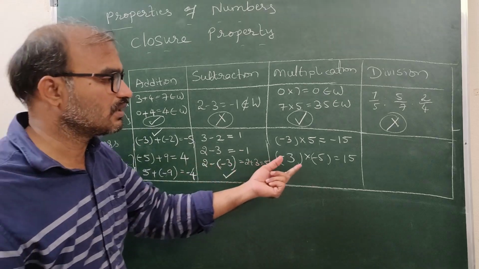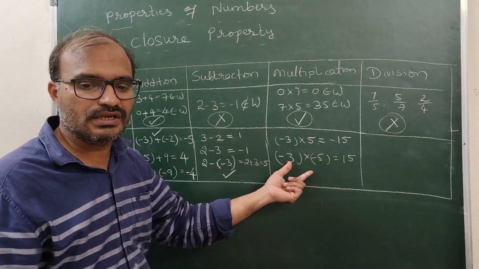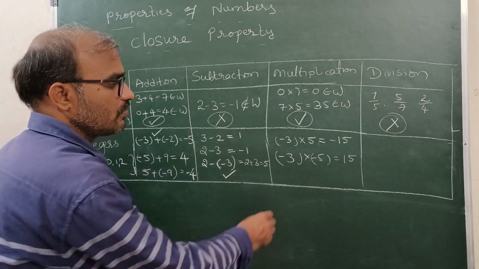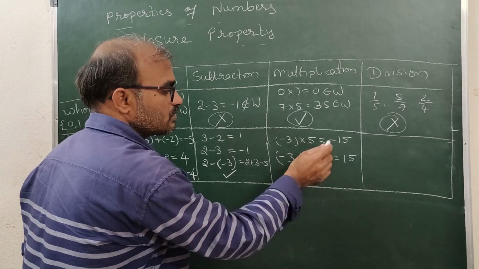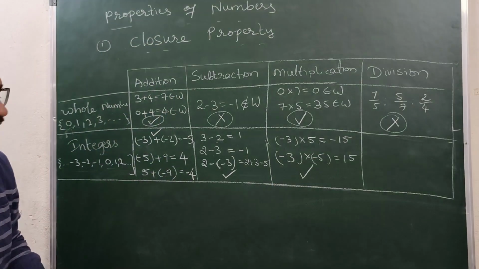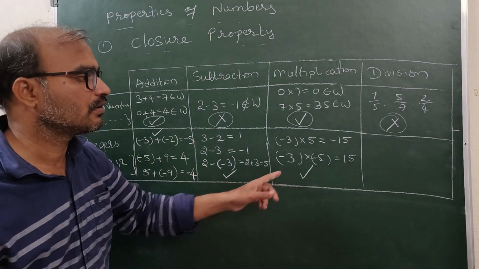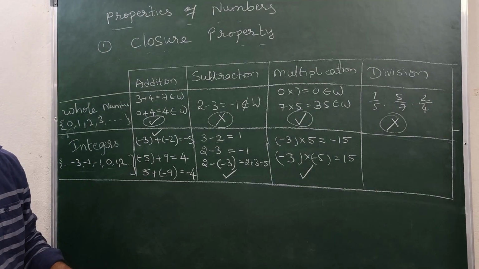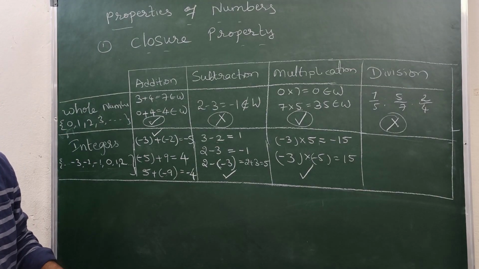So the product of any two integers is again an integer. So integers are closed under multiplication.